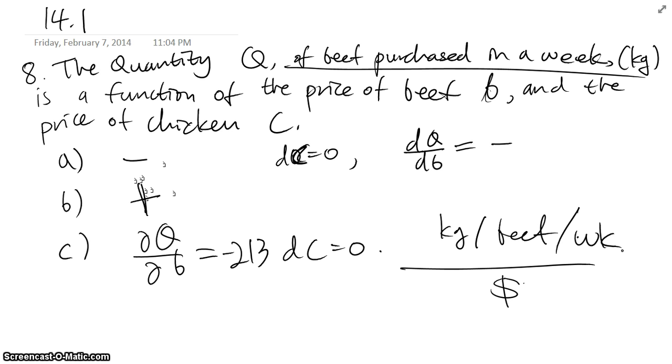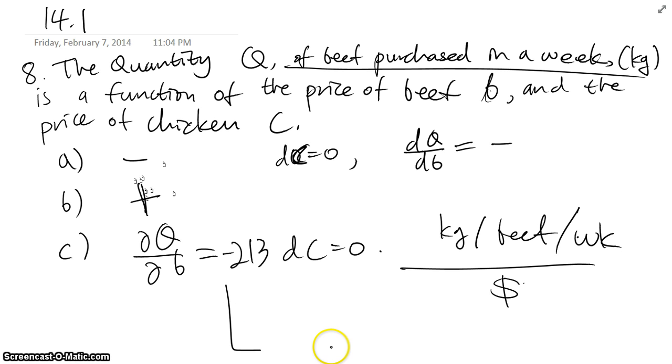That's why it's negative, because when you increase the price of beef by $1, you're going to decrease the quantity by 213 kilograms, given that C remains equal. And because they didn't give us the specific point B, C, I think this works for any value of B, that at any B we're going to get negative 213.